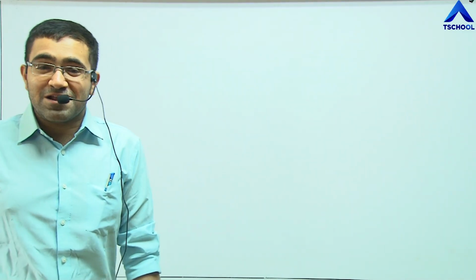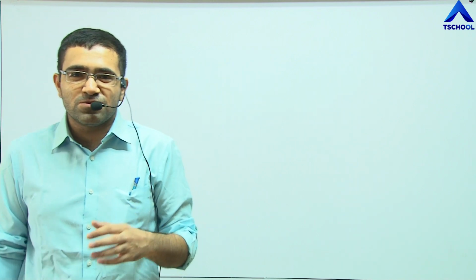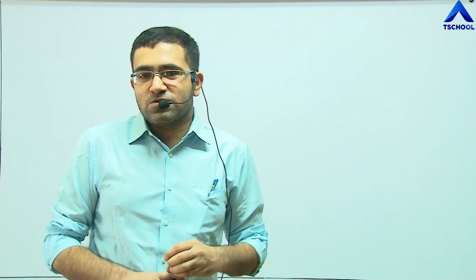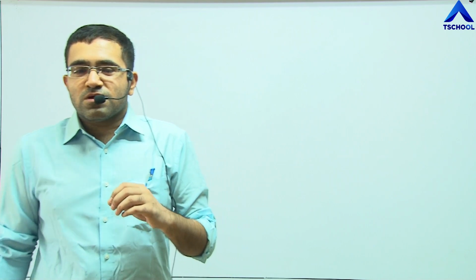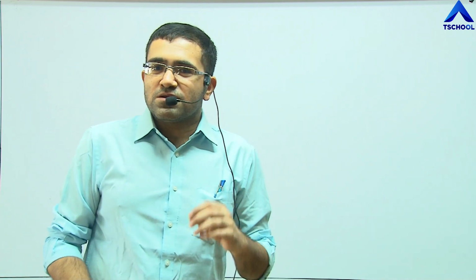Hello students, the last time we solved a few questions about electric field due to multiple charges. Now we are going to study an abstract concept which is related to the electric field.